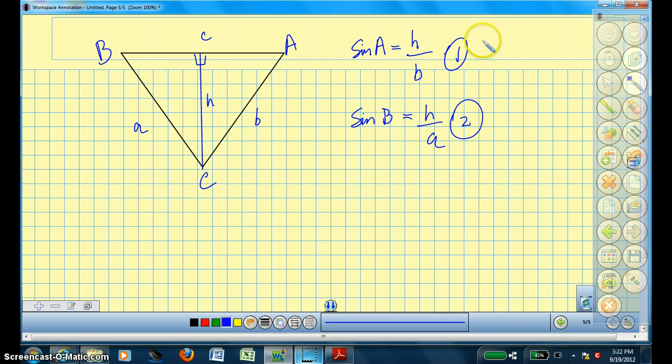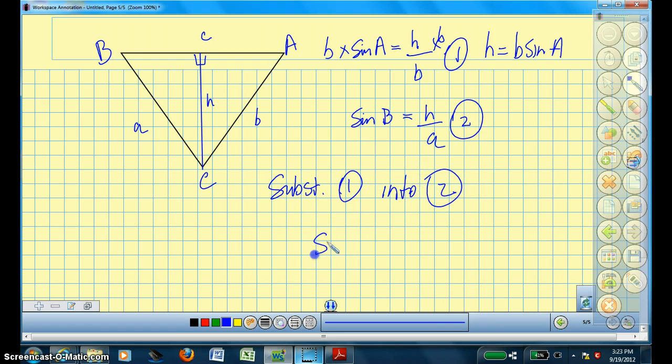So this one would become, if I multiply both sides by b, the new equation becomes h equals b sine A. And if I substitute 1 into 2, so now I have sine B is equal to b sine A divided by a.